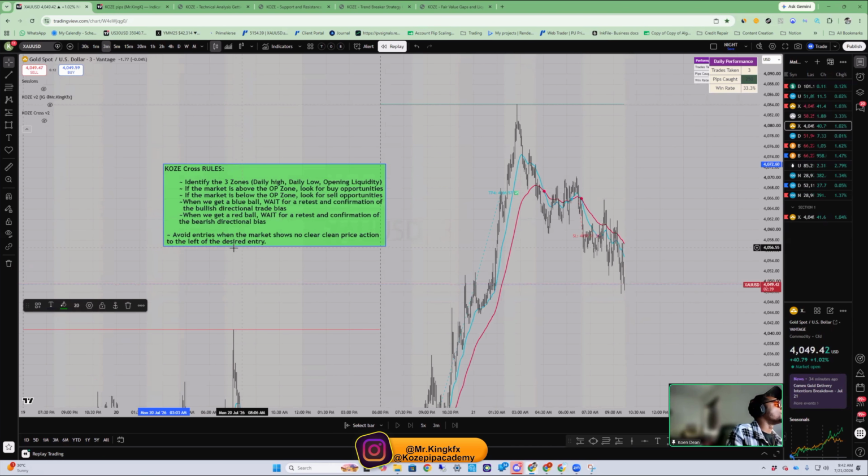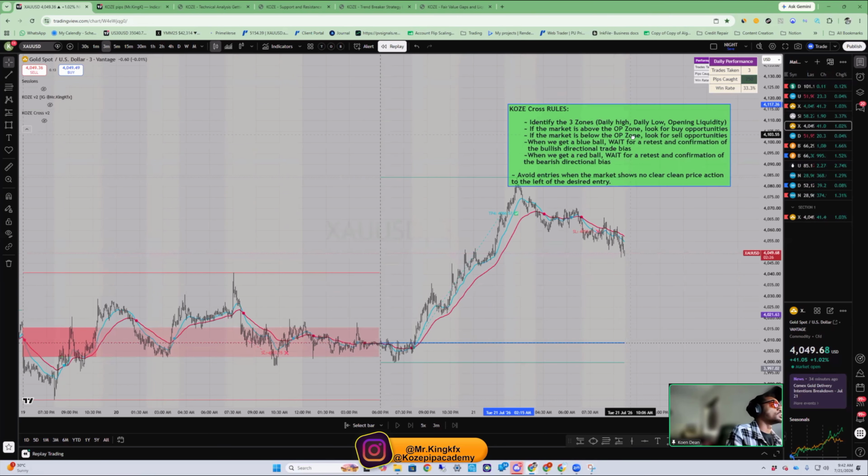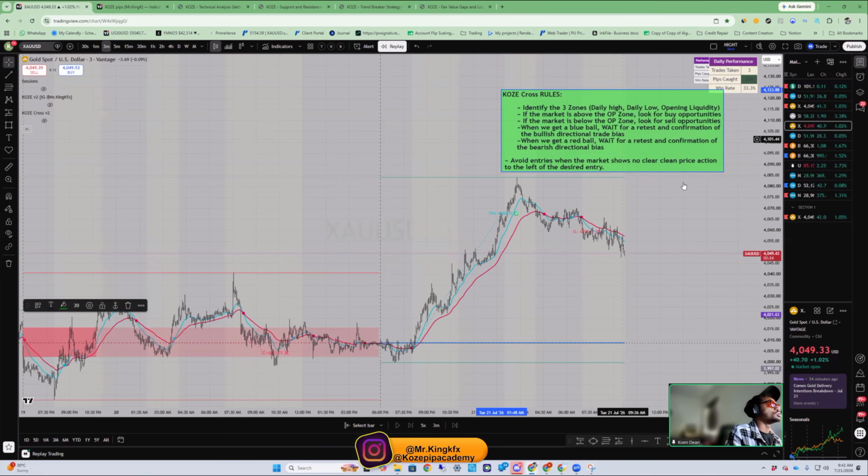So we want to avoid entries when the market shows no clear price action to the left of the desired entry, right? This is a major, major, major one. And this goes across the board for any position that you're trading, any strategy that you're trading. You want to avoid an entry when the market is choppy to the left, right? Every single time.